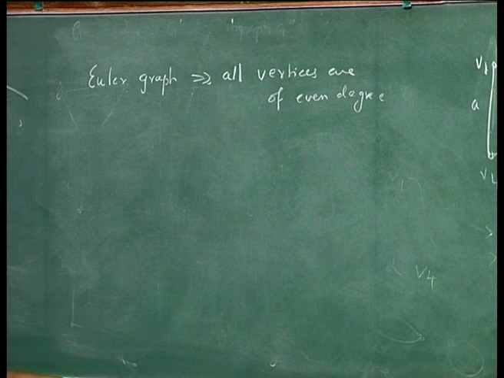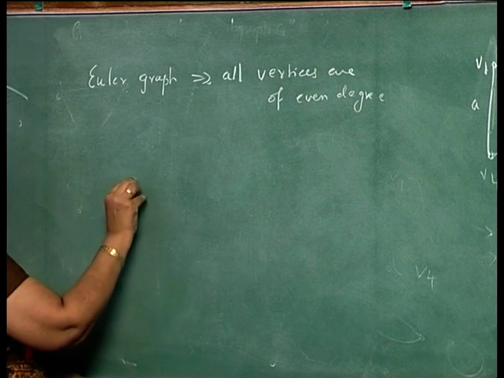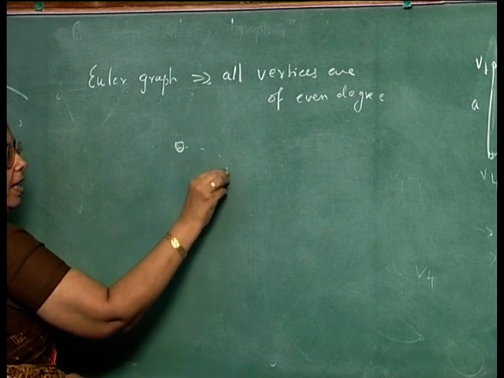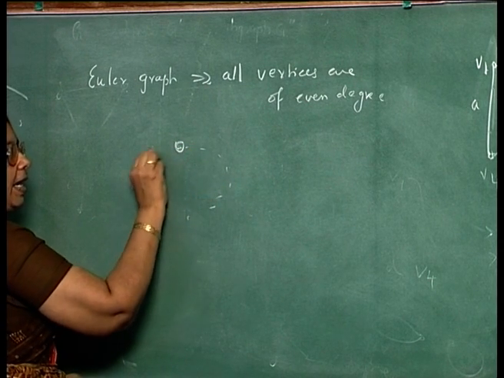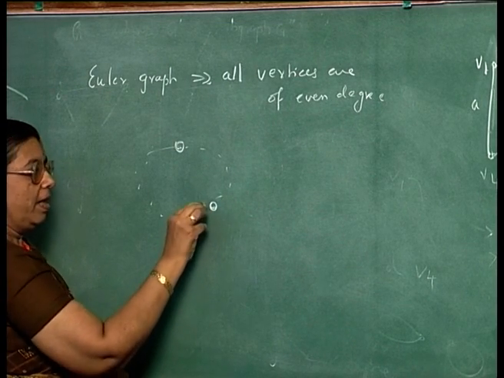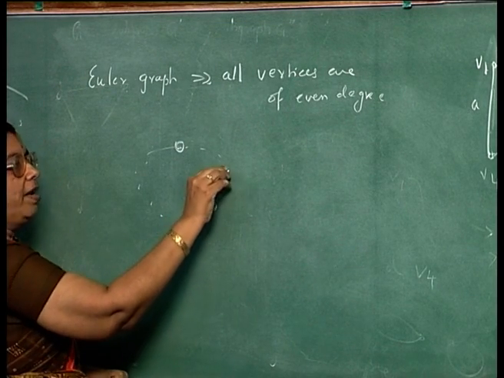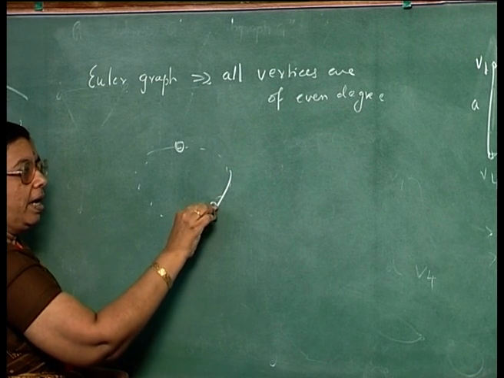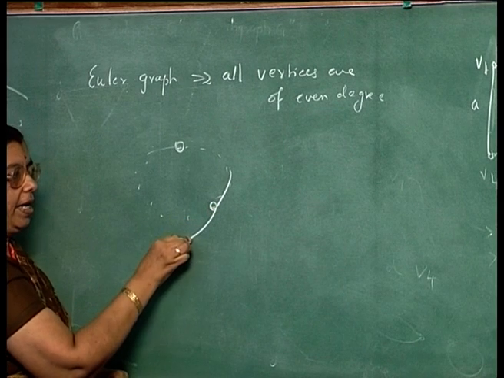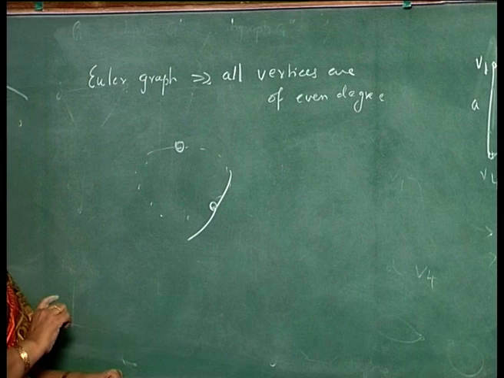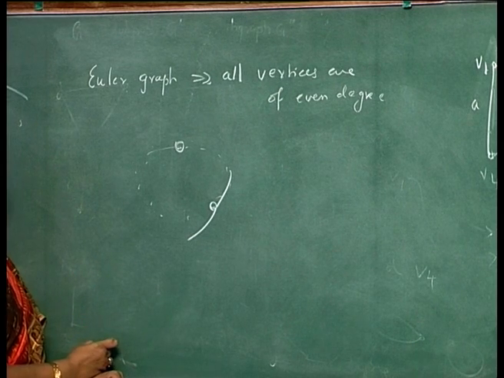What is an Euler graph? You should have a closed walk which covers all the edges. So, take any walk, it starts at this point say, and then it ends at this point. In between there is a vertex say. Whenever it enters through one edge, it has to leave through another edge. No edge is repeated in a walk, and we are considering a closed walk.